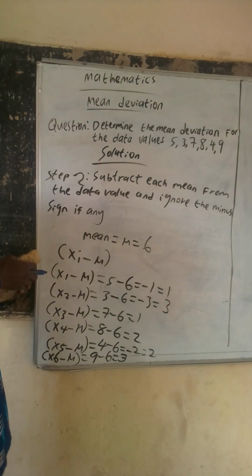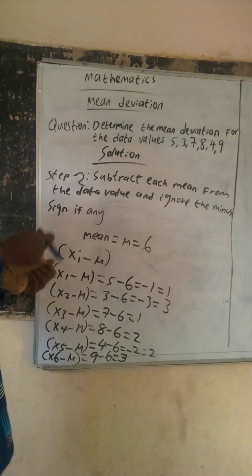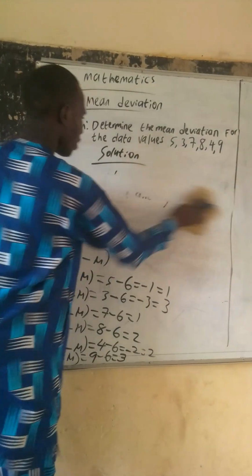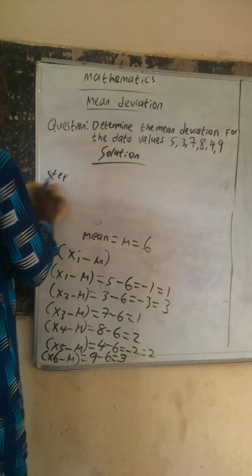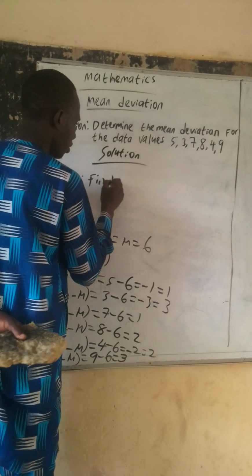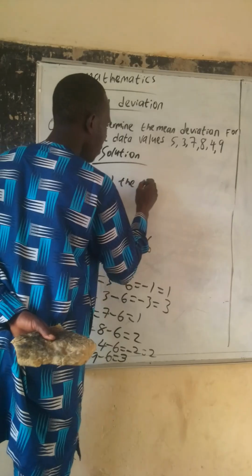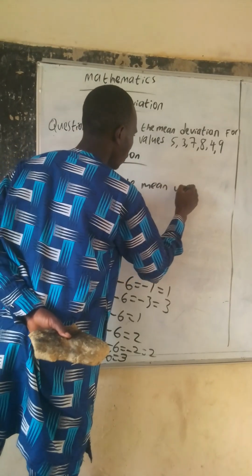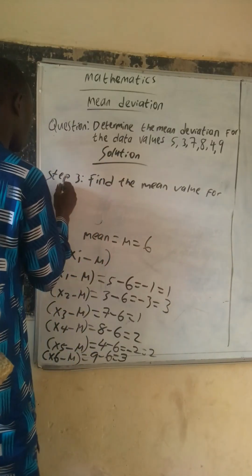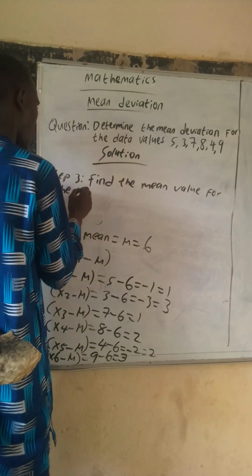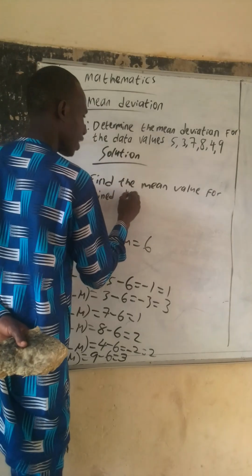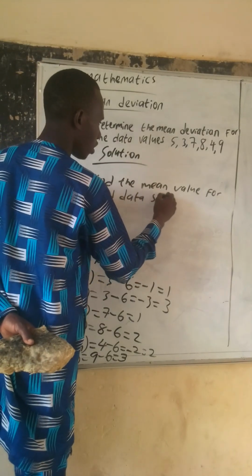Now step number 3 is to find the mean value for the obtained data set.